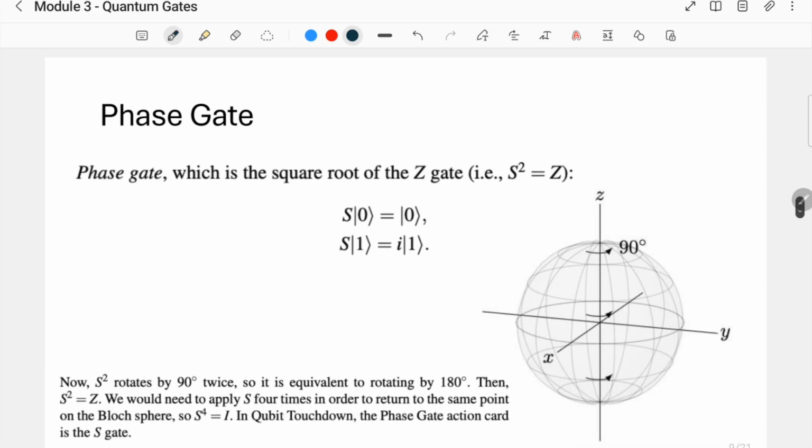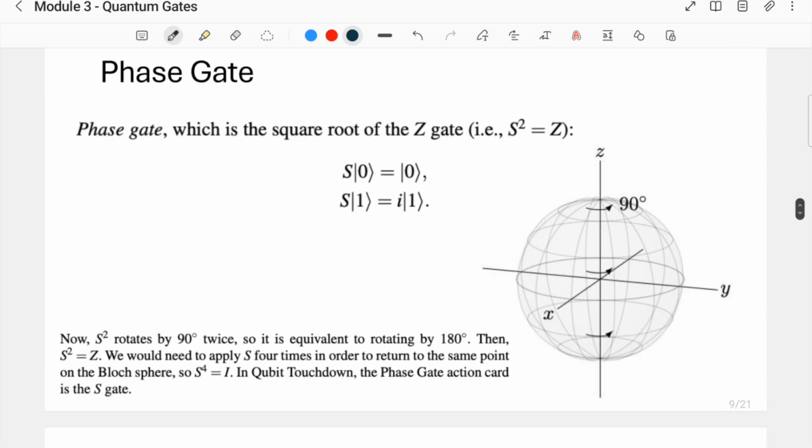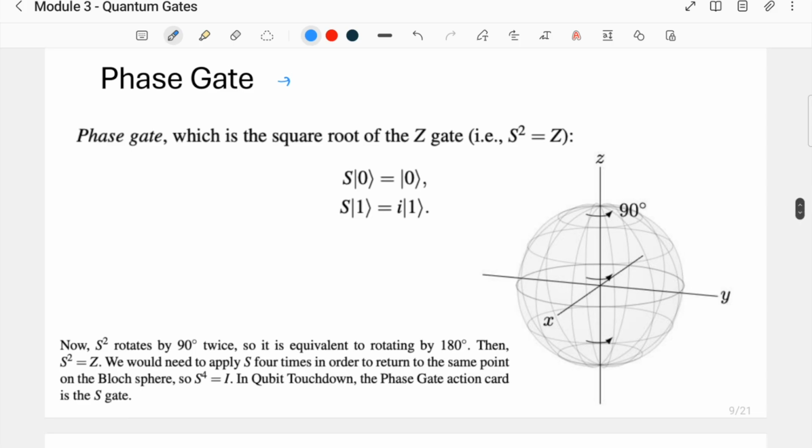Now we'll get to the next gates, the phase gates. You can think of them as changing the phase of the state. Not the global phase, but the relative phase, because we know nothing happens from the global phase.